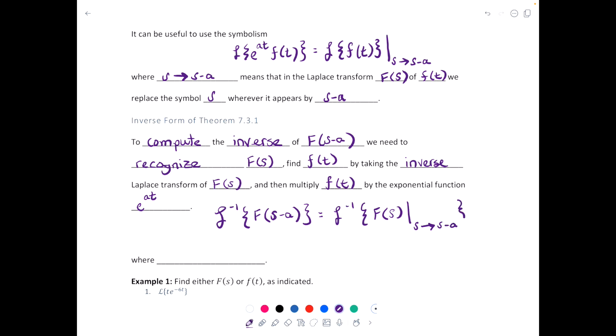And that in turn will be equal to e to the at times f at t, where f at t equals the inverse Laplace transform of capital F at s.